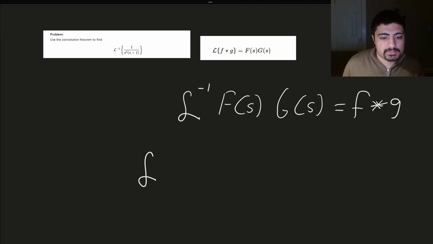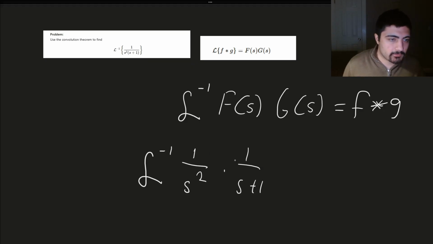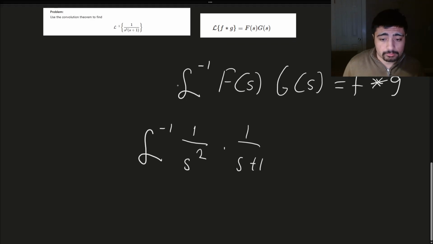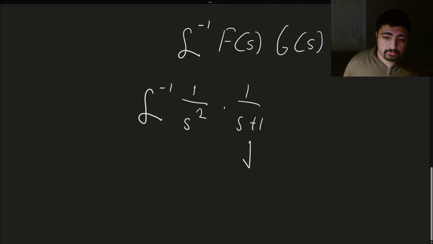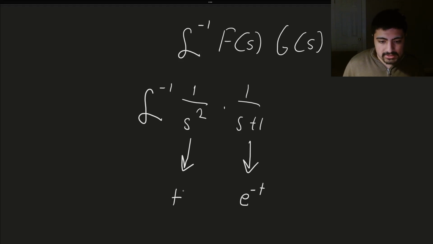So the inverse Laplace. The nice functions I can see here that I want to pick up are 1 over s squared and 1 over s plus 1. This is going to be capital F of s, and this is going to be capital G of s. And then we know that the inverse Laplace of this part will be e to the minus t, and the inverse Laplace of this will be t.